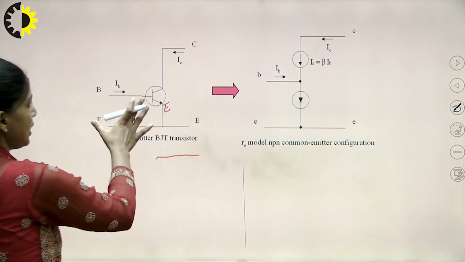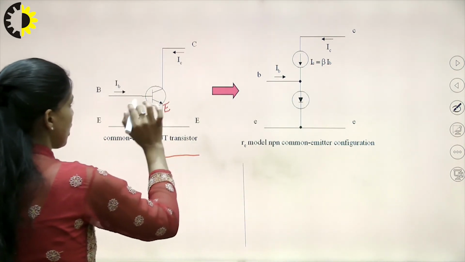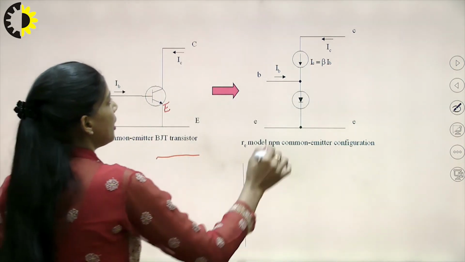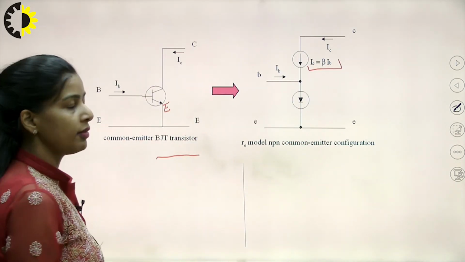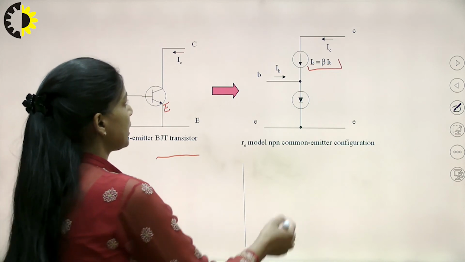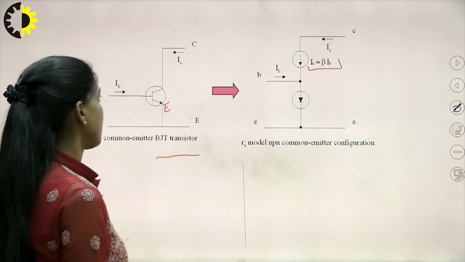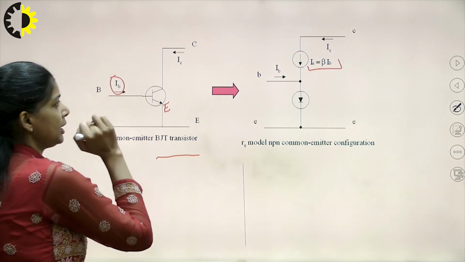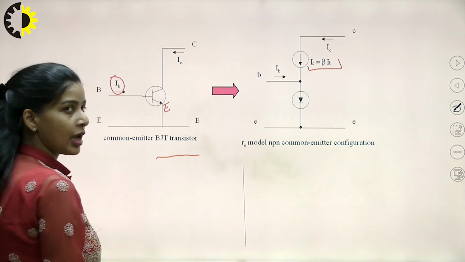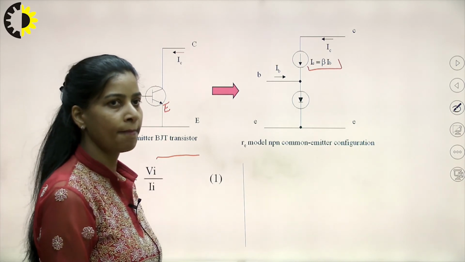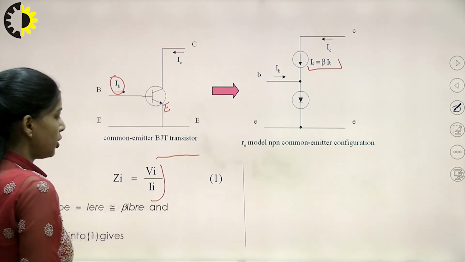So the input side will be replaced by this diode and the output is still dependent upon the input current, but the value of that is different. In the previous one we had the output current dependent on IE. Now this IC is dependent upon this input current IB. So here I have written IC as beta times IB. So Z input is V input upon I input.